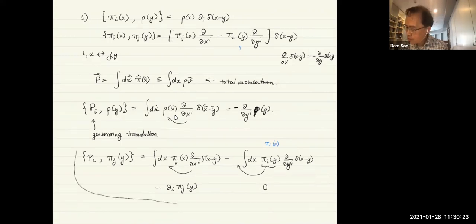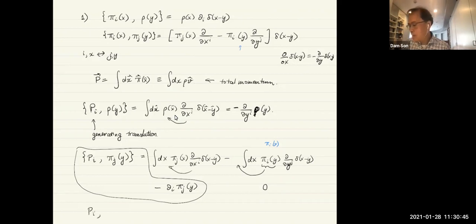And so again, you see the final result is that the commutator, or Poisson bracket, of pi I with the momentum density also gives minus the derivative of the momentum density.